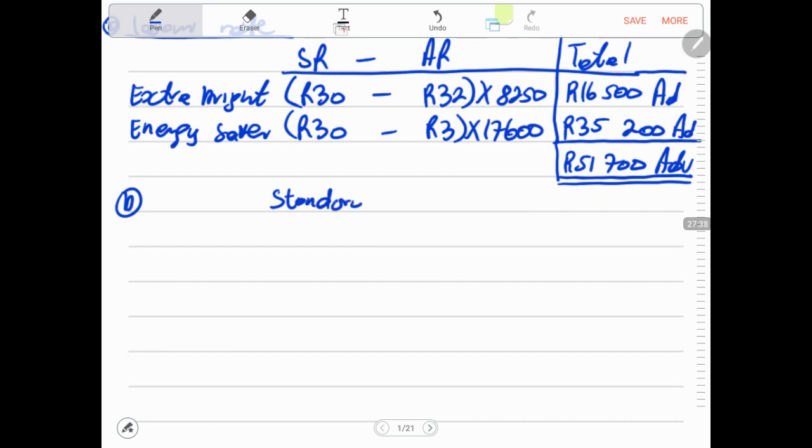Standard idle hours. Standard idle hours. Vice versa, actual idle hours. Then after we have to multiply this by the standard hours or a standard rate per productive hour.